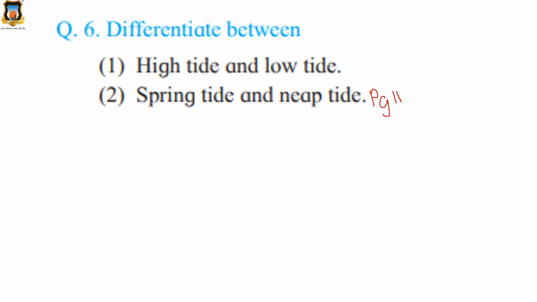And during neap tide, the total pull and recede of seawater is much lower than the average pull and recede. Only the word changes: in spring tide it is higher and in neap tide it is lower. That is the only difference you are going to write.